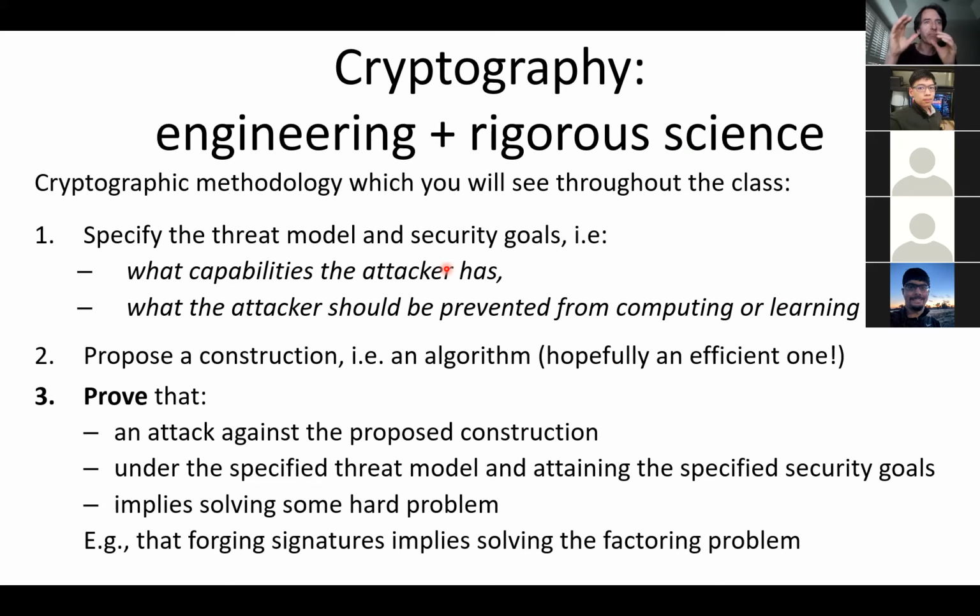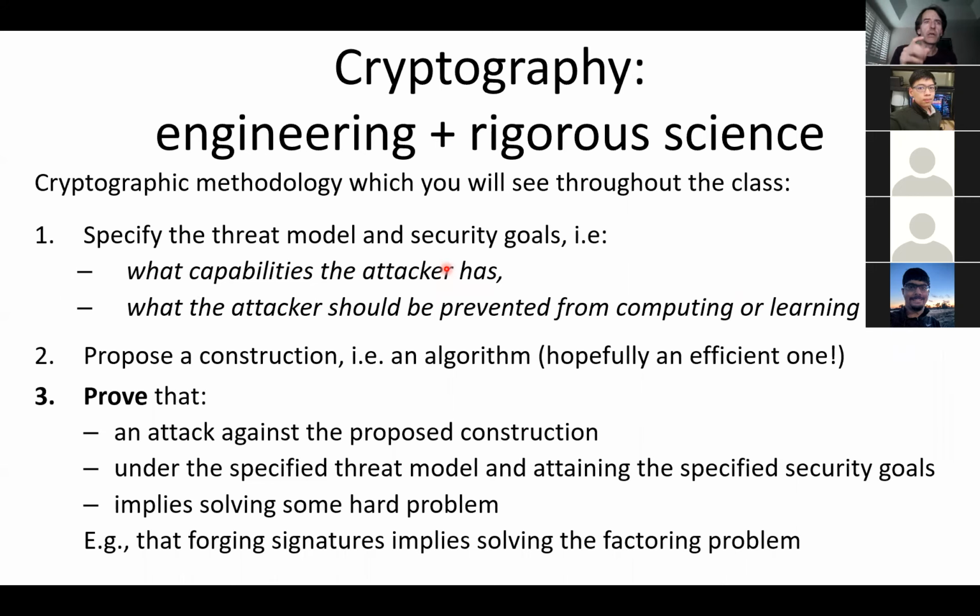In other words, under the constraints imposed by the security goal, every attack that breaks the stated goals is either flat-out impossible, information theoretically, for example guessing a key that has n bits has only 2 to the minus n probability.